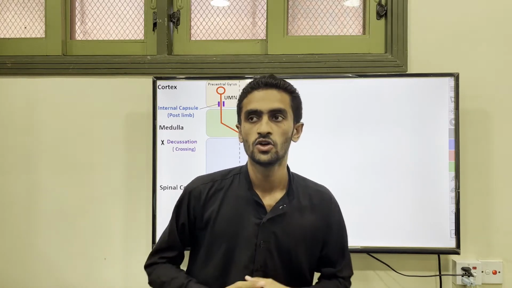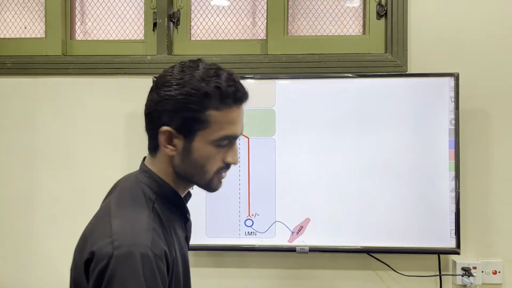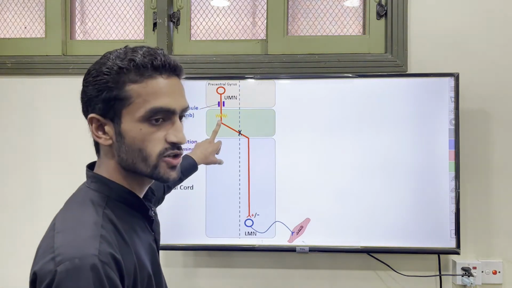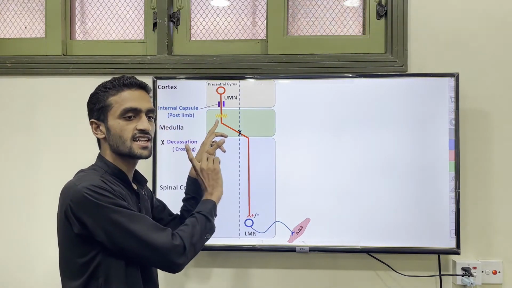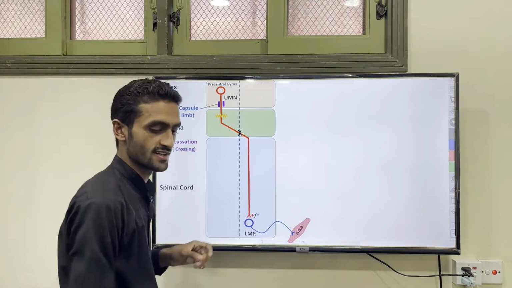If the lower motor neuron is damaged, hypoactivity. If the upper motor neuron is damaged, hyperactivity. So let's see. This is an upper motor neuron injury, and the finding will be contralateral or ipsilateral? Contralateral.